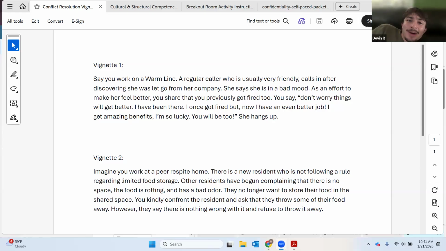But I can also understand from the operator's view, if it's a regular you're familiar with and they're usually at a very high place, that you would naturally want to do anything you can to bring them back to that base. So I see both situations.